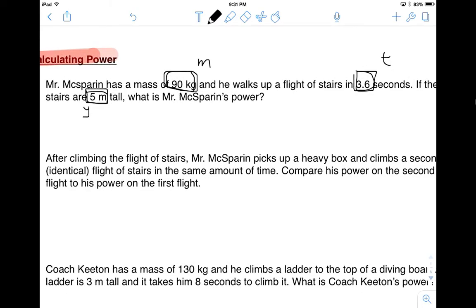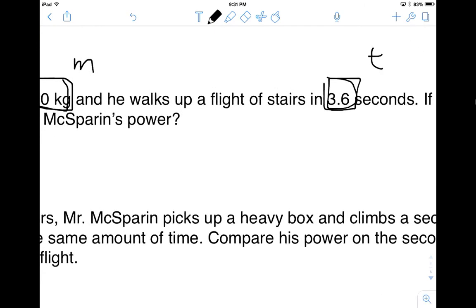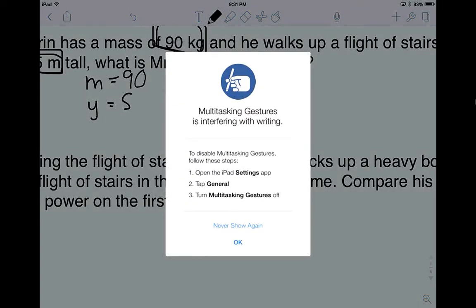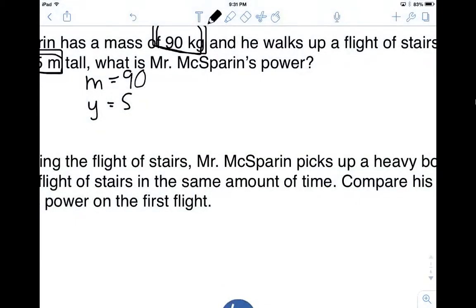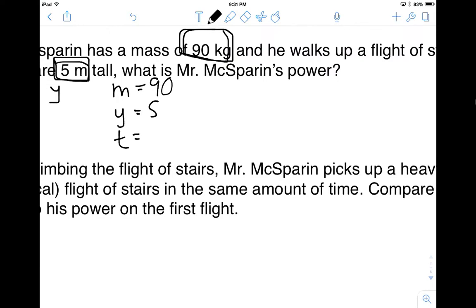Okay, so I know that I've got a mass of 90 kilograms, a height of 5 meters, and a time of 3.6 seconds.